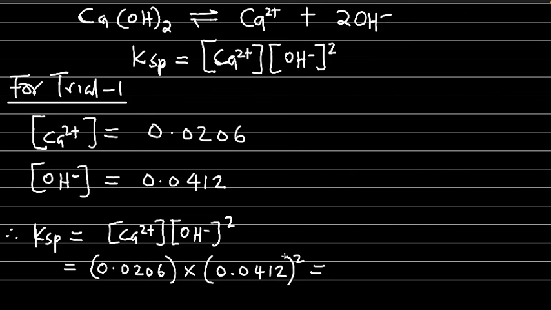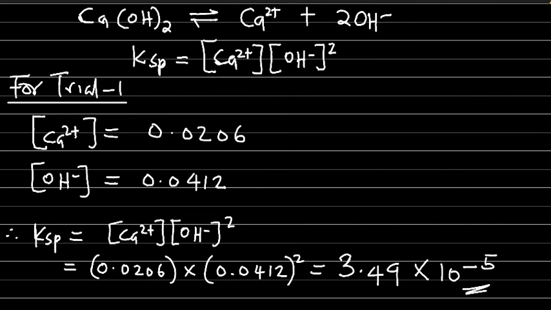So when you do that, you're going to have 0.0206 times 0.0412 squared. So this becomes 3.49 times 10 raised to the power of minus 5.